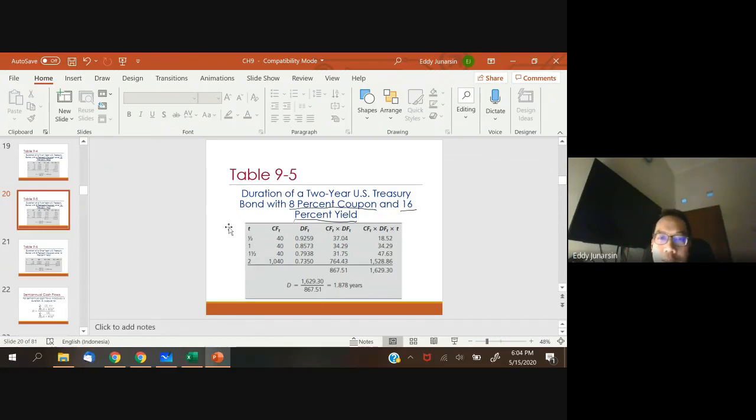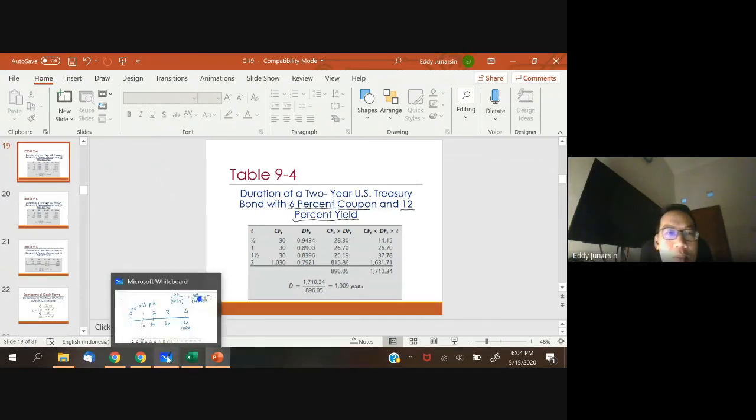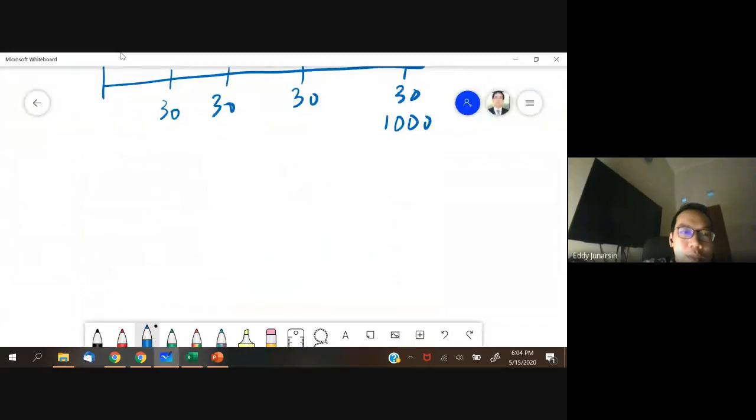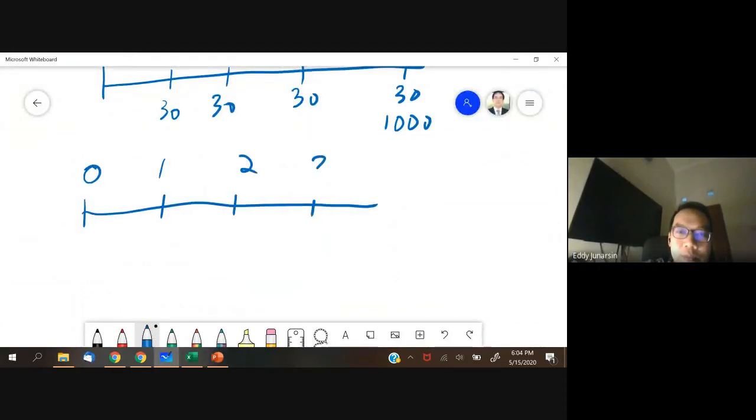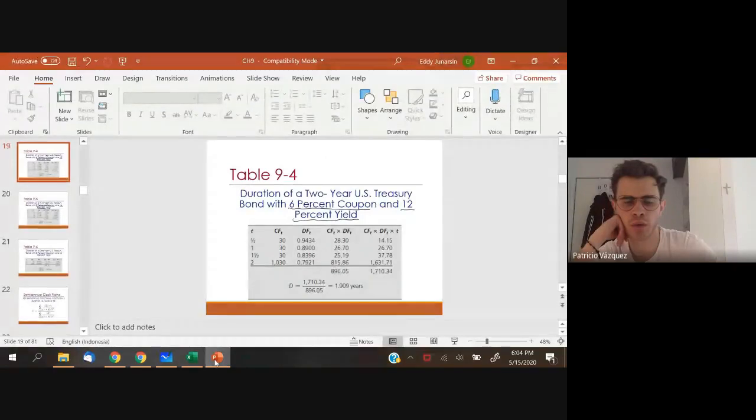2-year bond semi-annual, with a coupon of 6% and market rate of 12%. So 2 years semi-annual, the same thing. Does it say it is semi-annual?